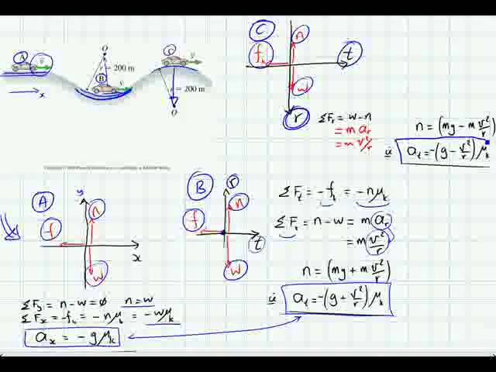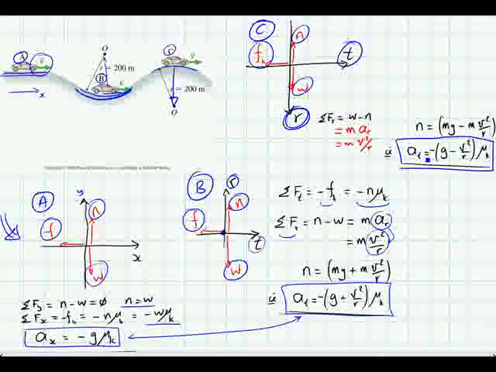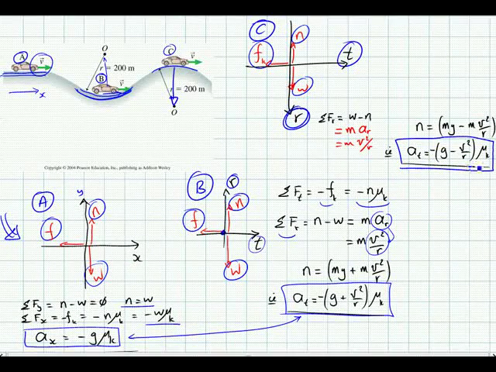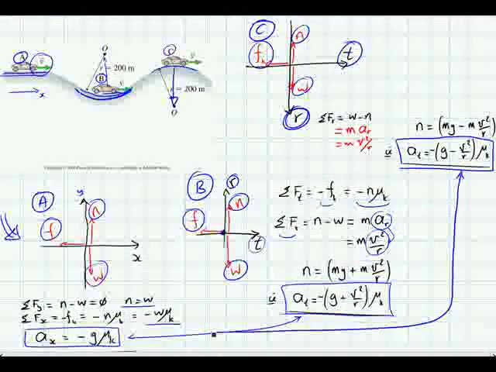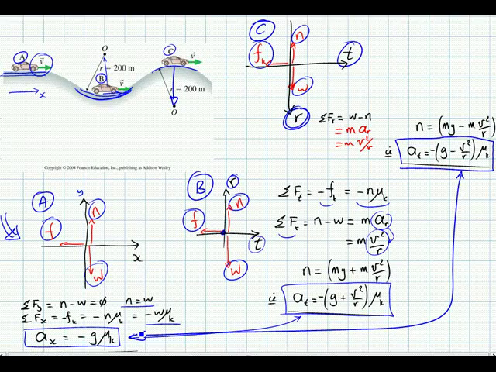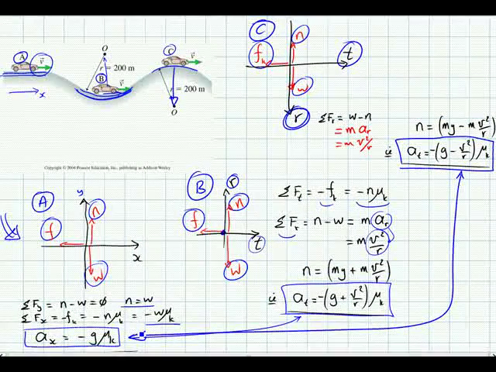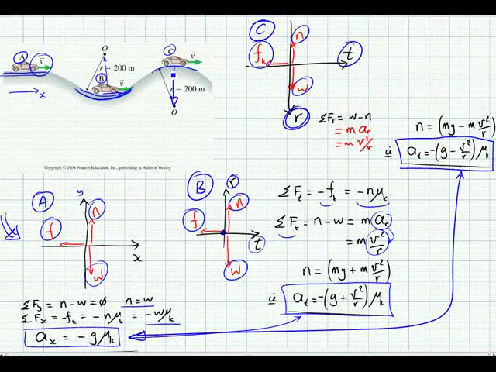You end up with the tangential acceleration given as minus g minus V squared over R times mu k. So comparing this acceleration and the original acceleration for the horizontal surface, you see that in scenario C we have a smaller negative acceleration, i.e. your car would slow down at a slower rate.